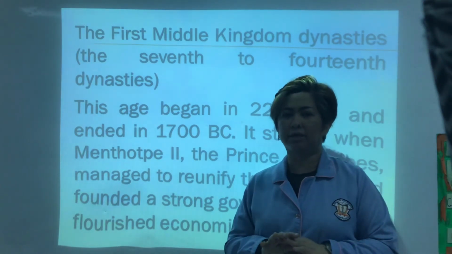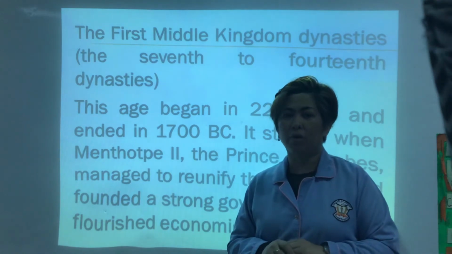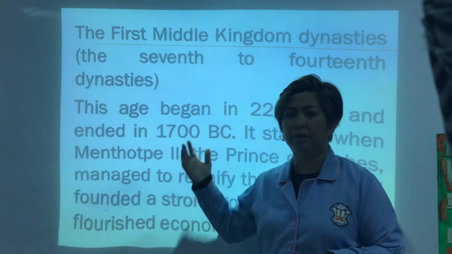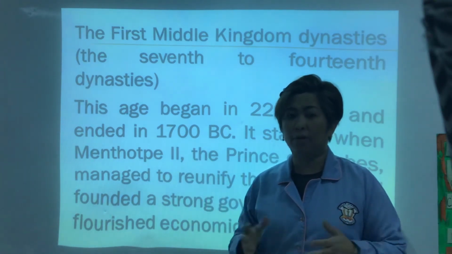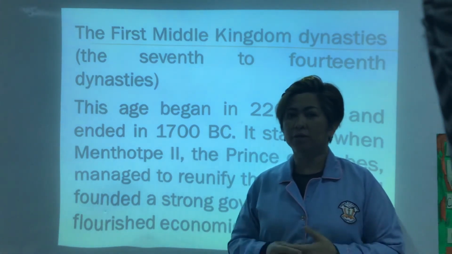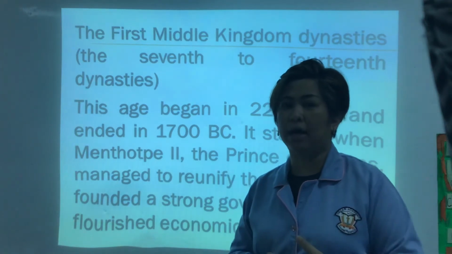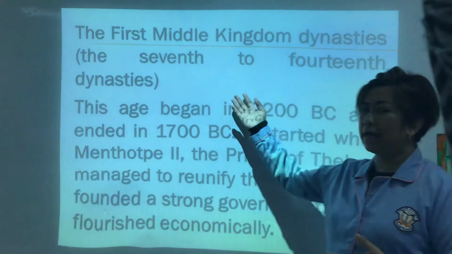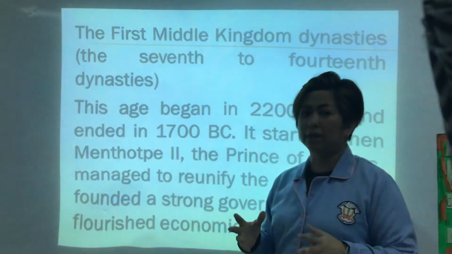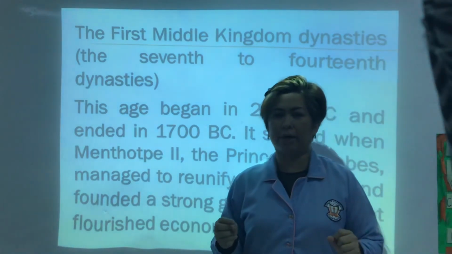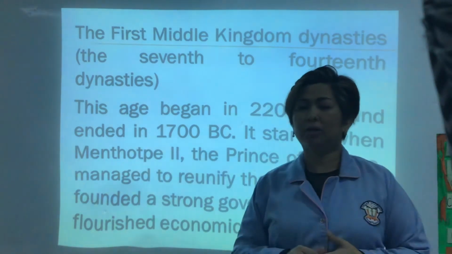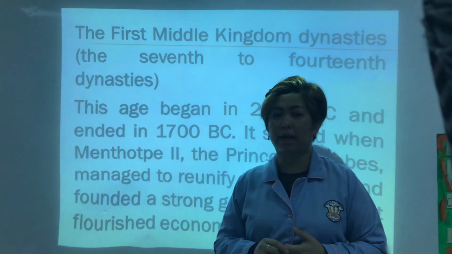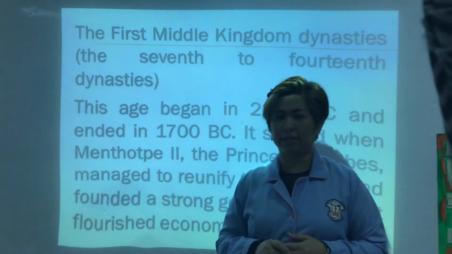They are civilized already. There were other dynasties after these. I only showed you the dynasties up to this one. This is only the introduction for this topic. On the next meeting, we are going to discuss the other dynasties.